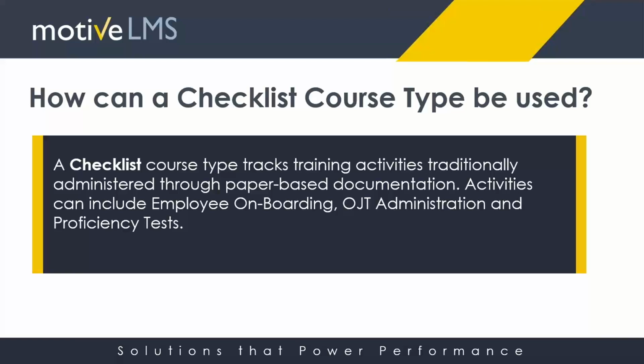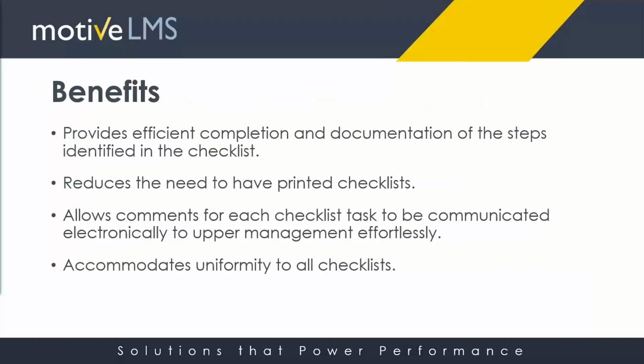It reduces the need to have a slip of paper, even though you can still complete your checklists paper-based, scan them into a PDF form, and upload them to an employee's checklist course type enrollment. But it allows the tracking and documentation to be a little bit more efficient and have less of an impact on the environment.